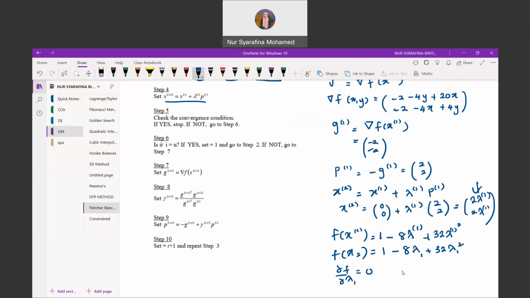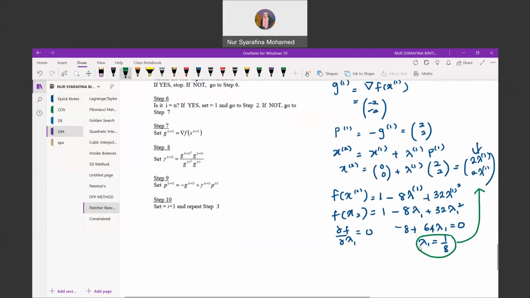Solving this will give you minus 8 plus 64 lambda 1 equals 0, so lambda 1 equals 1 over 8. Substitute this value here to get your x2. Hence, your x2 equals (1/4, 1/4).